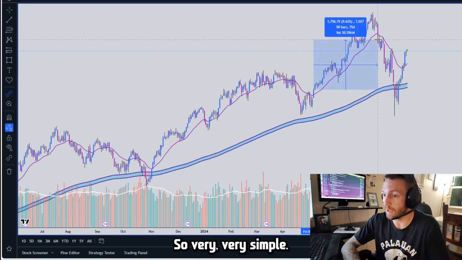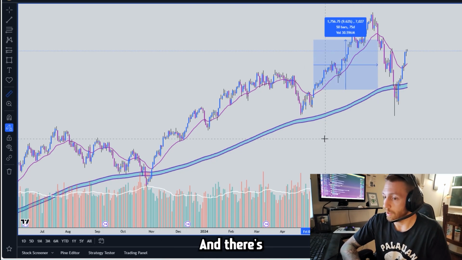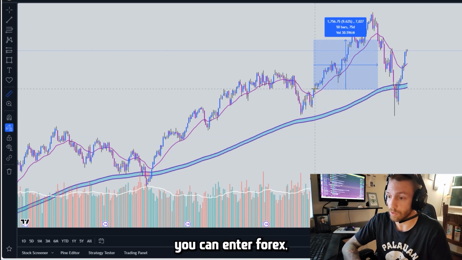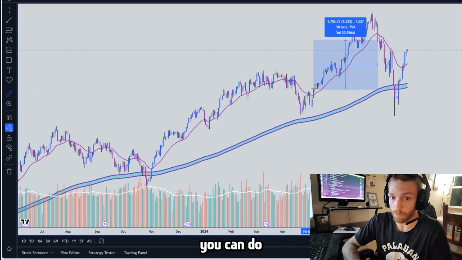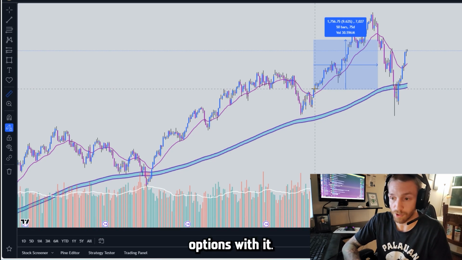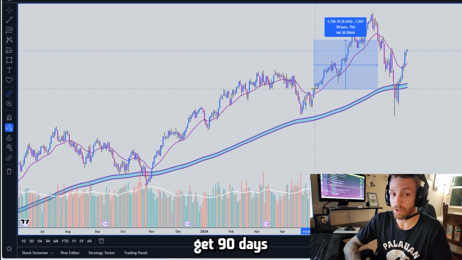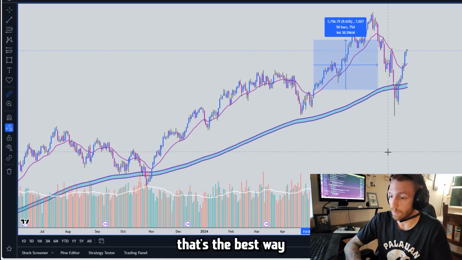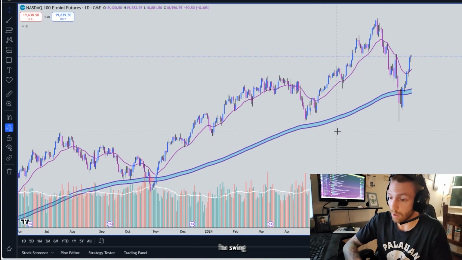So very, very simple, and there's nothing much to it. I mean, that's literally it on a swing trading basis. You can enter shares, you can do forex with it, you can do options with it. If you're doing options, get 90 days to 120 days out, in my opinion, and that's the best way to do it for swing trading.